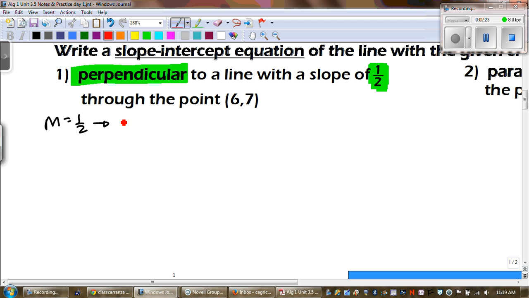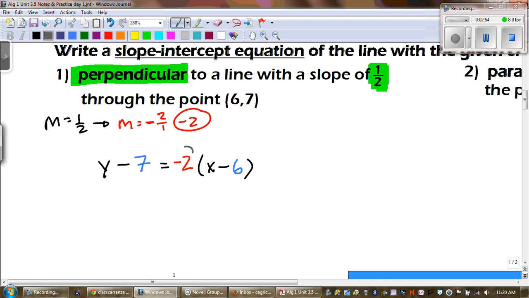So our new slope, opposite is going to make it negative, and 2 over 1, which is the same thing as -2. Okay, and now that we have that, we can plug it into point slope. I know the slope is -2, and then we're plugging in 7 and 6.